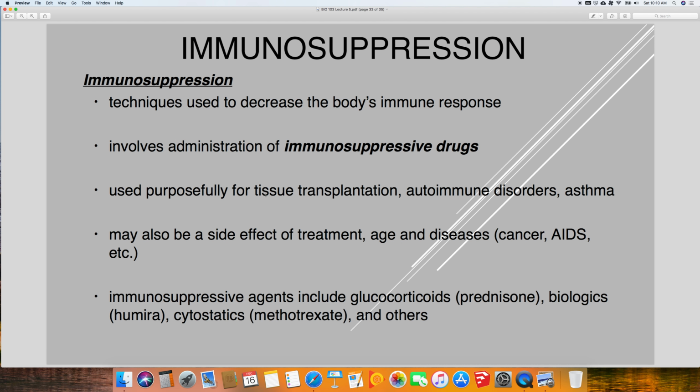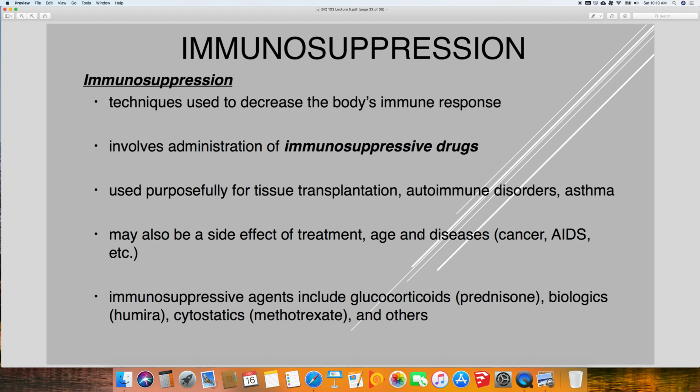So immunosuppression, these are just ways to decrease the body's immune response. Immunosuppressive drugs are used purposefully for autoimmune diseases or for transplantation, or even allergic diseases like asthma. It can also be a side effect of treatment, age and disease. So obviously things like cancer treatment, as we age, we become more immunosuppressed.